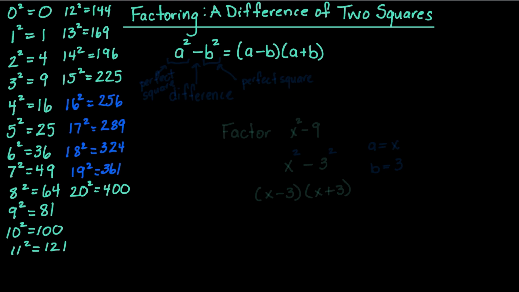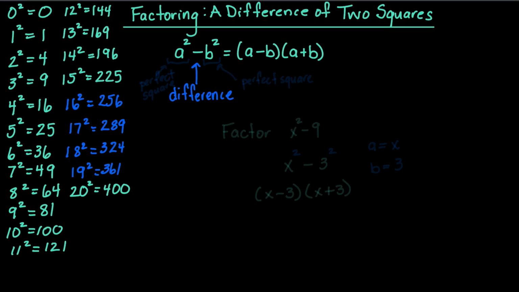Let's break down a difference of two squares. For starters, difference means subtraction. So you see we have a subtraction sign. That's where difference comes in. You can only factor a difference of two squares when it's subtraction.